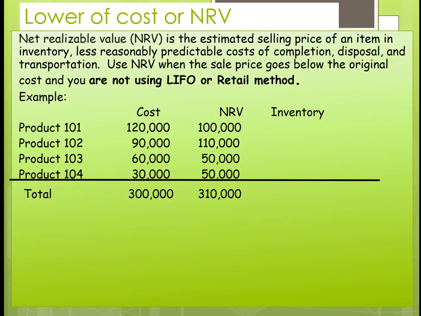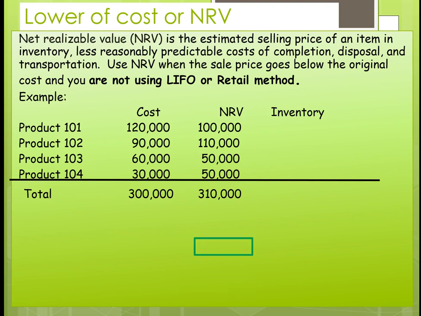So let's take a look at the lower of cost or net realizable value. Now again, net realizable value is the estimated selling price of an item less the cost to sell it, including the transportation. So in our example, for product 101, we're going to compare the cost, what we paid for it, of $120, and currently its net realizable value is $100.